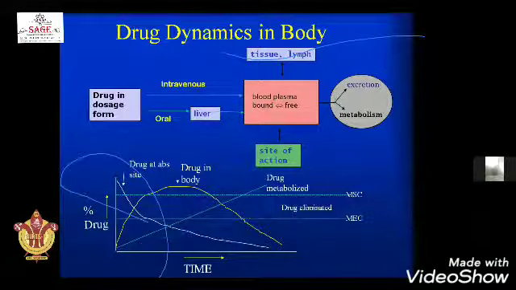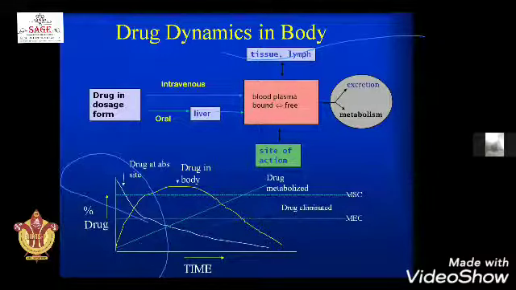In the case of the intravenous route, the drug is directly administered to the blood, right? There is no absorption. But in case of routes other than intravenous, the drug has to be absorbed first, then it will reach the blood. Whatever route of administration you adopt, the drug first has to reach the blood. Blood is the carrier for carrying the drug to the particular organ where the action is desired, right?